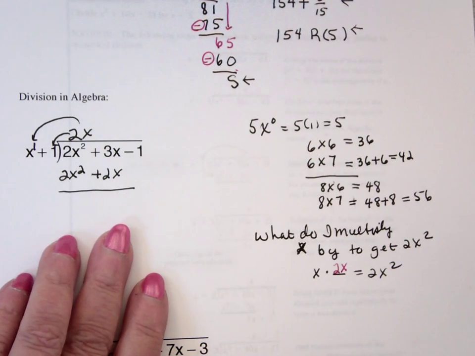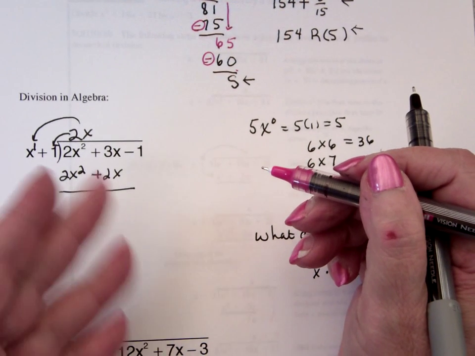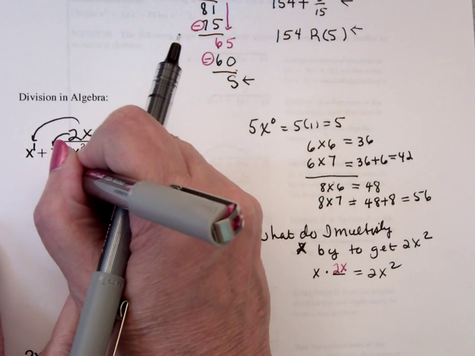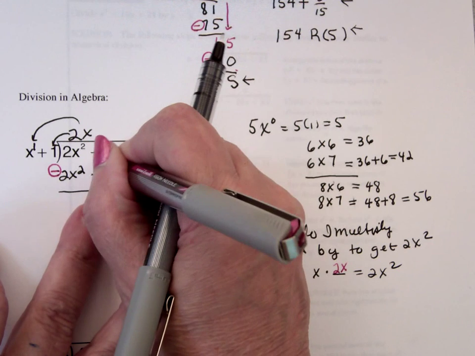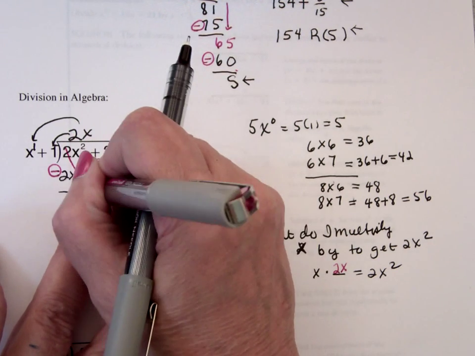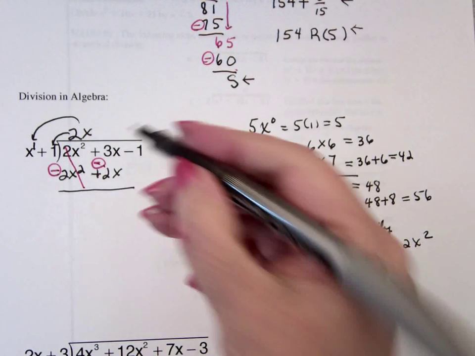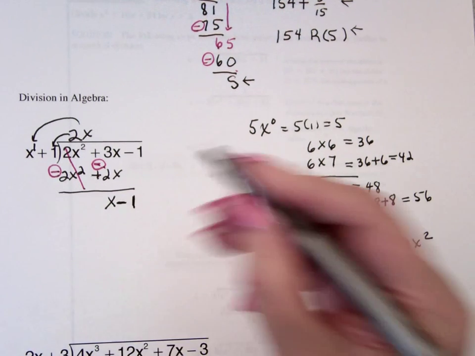You would subtract. Now, what does subtraction do? It changes the sign. So if this is a plus, it changes it to a minus. The x squareds drop out. I've now dropped it from degree 2 down to degree 1. And this becomes an x minus 1.